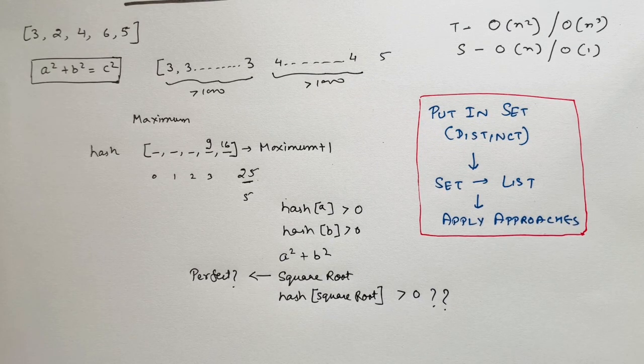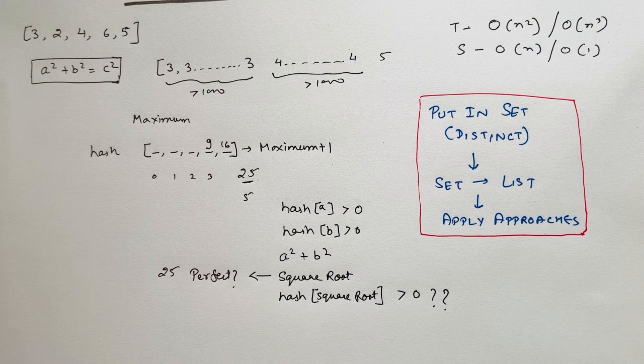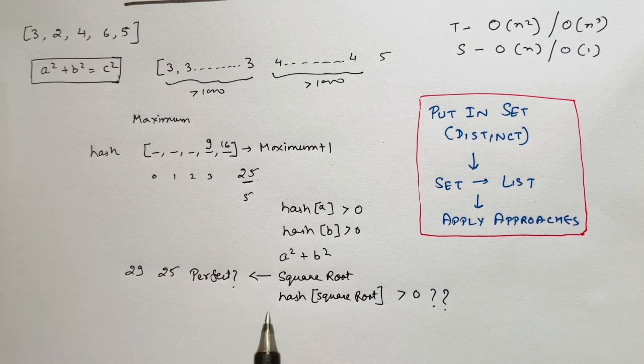While this approach looks good, there is a catch. The square root that we calculate here, we need to see if this is a perfect square. Why? Because while the square root of 25 is 5, similarly, if we do the square root of 29 and store that in an integer in Java, that will also come to be 5. But we don't want that.